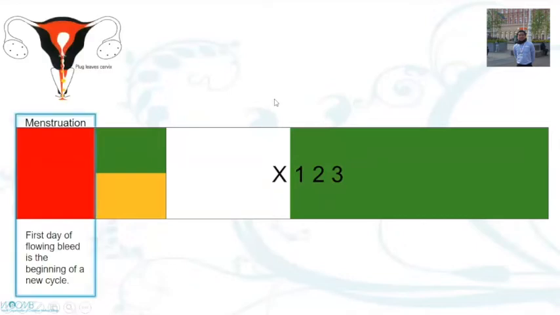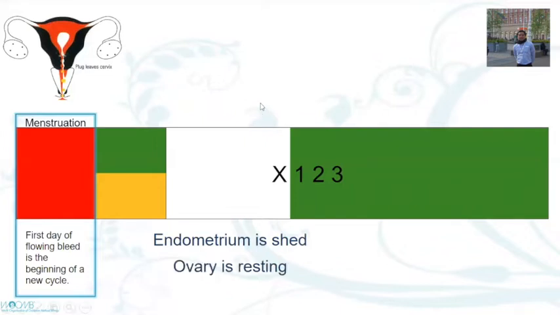Now, menstruation begins with a heavy flow. The first day of flowing bleed is the beginning of a new cycle. Look at the diagram on top. You can see that the lining of the endometrium is being shed. This is menstruation. The endometrium is shed, and the ovaries are resting.